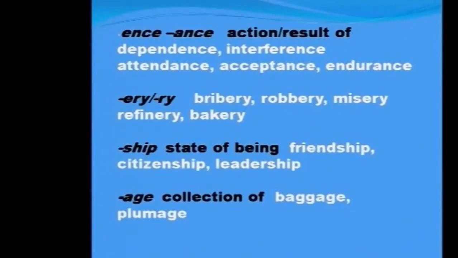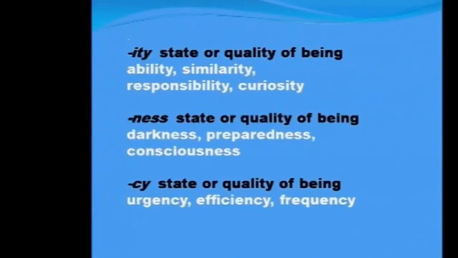AGE, collection of, baggage, plumage. So a collection of bags is known as baggage. Plumage is the feathers of a bird. So when there are many feathers, we call it a plumage. ITY, state or quality of being, ability, similarity, responsibility, curiosity.